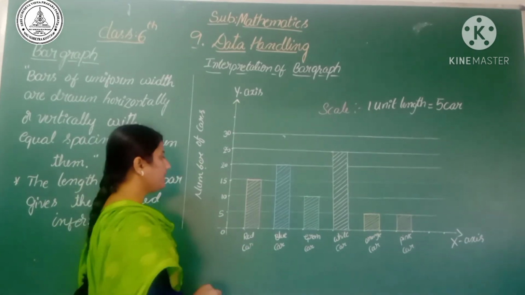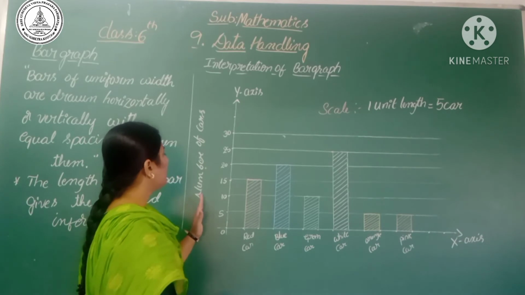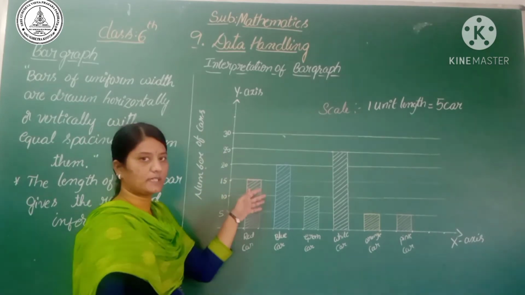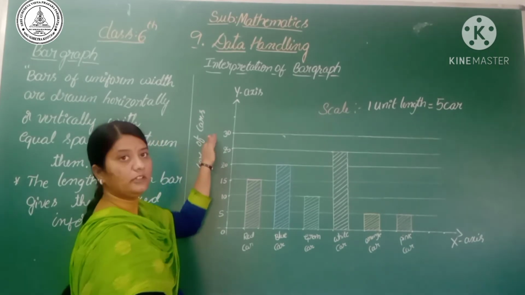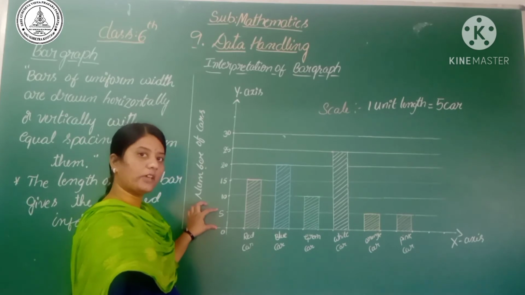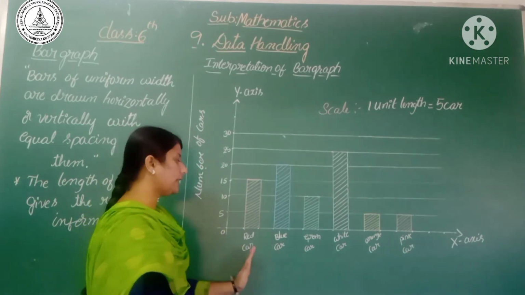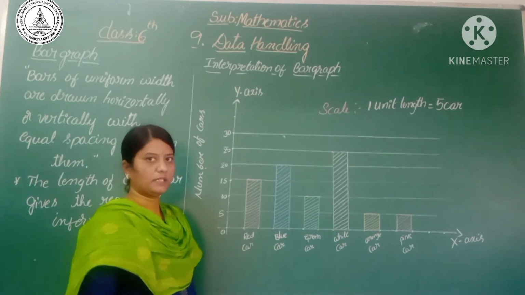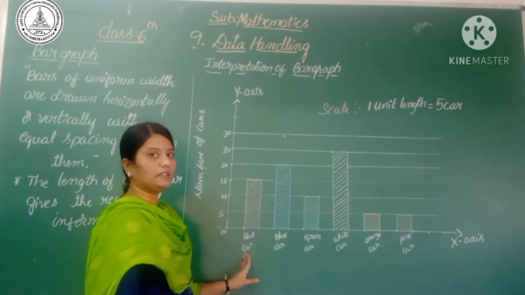Next, we have to see the number of cars in the society. So 5, 10, 15, 20, 25, 30. I have taken 1 unit length equal to 5 cars. On the x-axis I have taken the colors of the cars. Now see here, there is a red car.